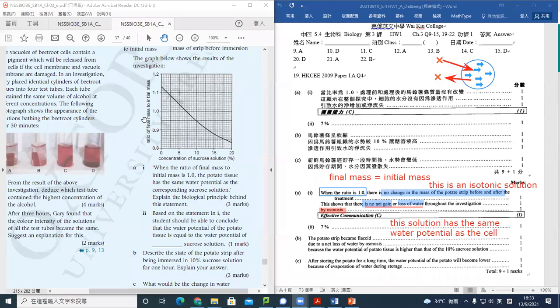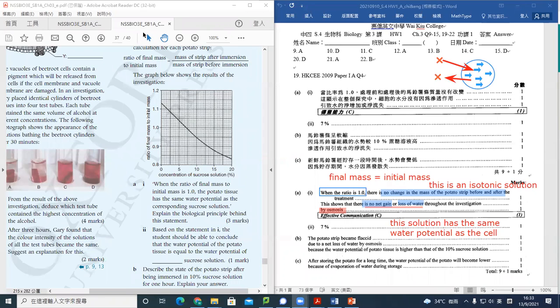Let me go to the next question. So based on the statement here, when the ratio is 1.0, that sucrose solution actually is 7%. Okay?